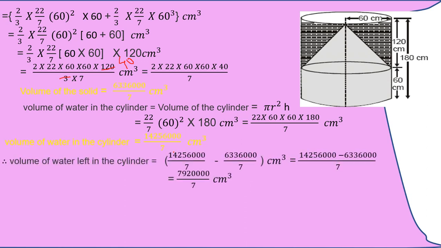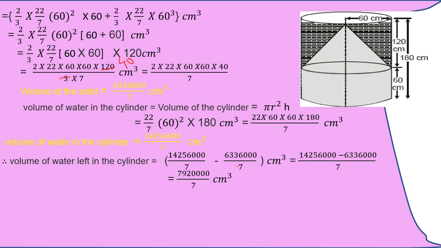Now here, the volume of water left in the cylinder: when the combination of solids, hemisphere and cone, is kept inside, some of the water flows out. So how much water is left in the cylinder? That is volume of water in the cylinder minus volume of solid.